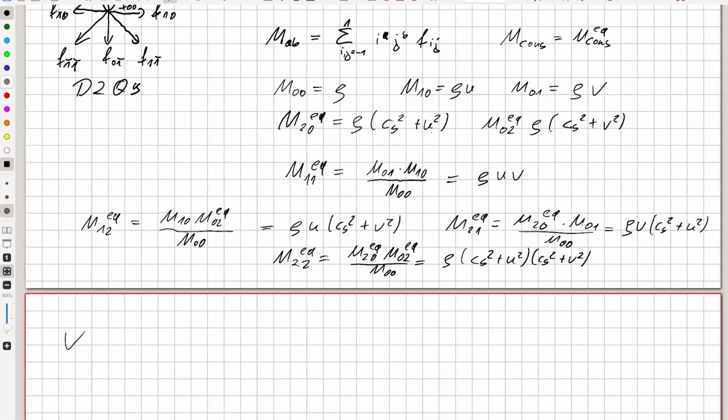And in this, we observe that some third order in velocity terms are missing.